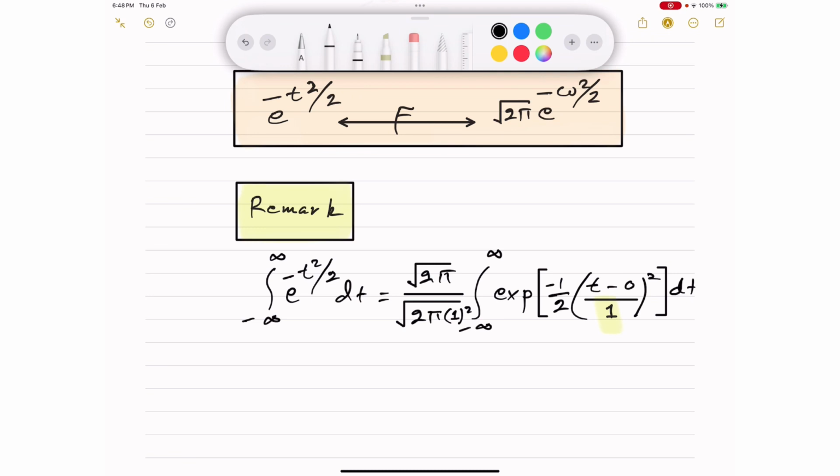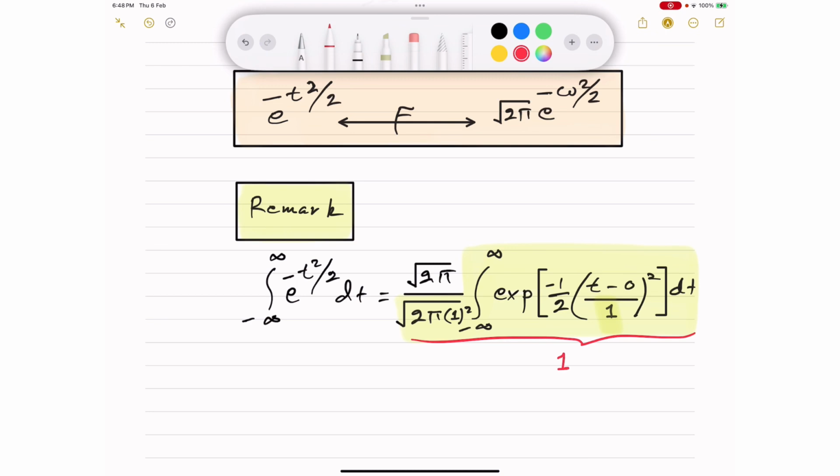Now I want you to concentrate on this part of the integral. What does this remind us of? It is basically the Gaussian probability density function of the Gaussian distribution. So this is basically equal to the area under the PDF, and we know that the area under the PDF is always unity, equal to 1.